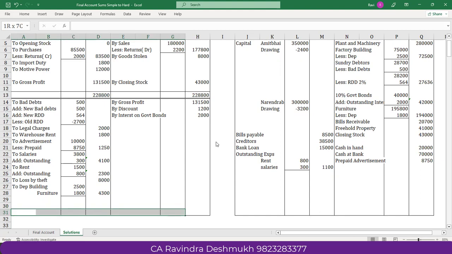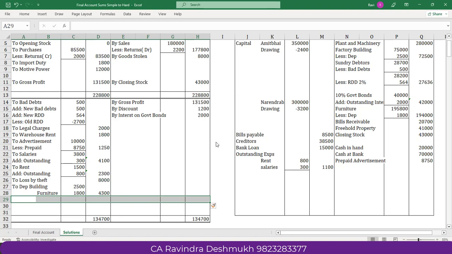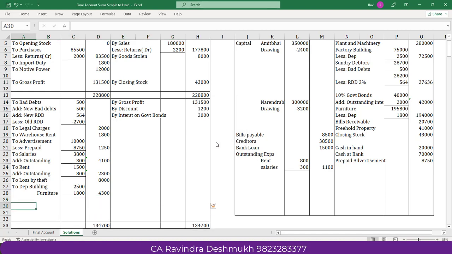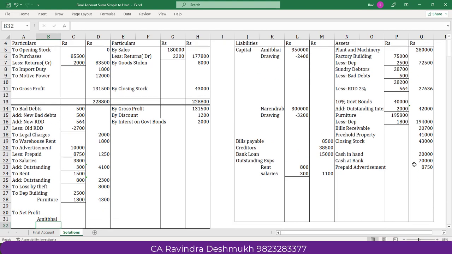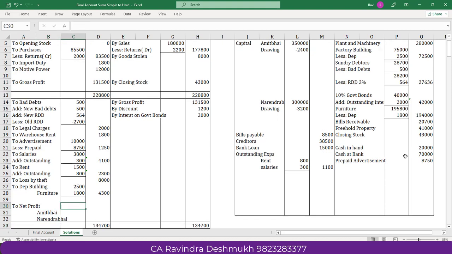Now what is to be done? On the credit side, we have taken the total, and from this total we are subtracting the total of the debit side. The remaining amount will be taken as what? Net profit. This net profit will be distributed between these two, Amit Bhai and Narendra Bhai, equally.